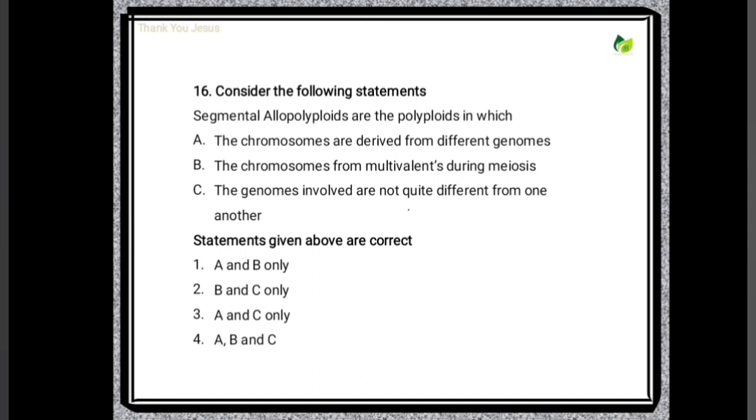The options given are A and B only, B and C only, A and C only, A, B, C. The correct option is A and C are the correct statements. Why? Because here the segmental alloploidy is an intermediate point between autopolyploids and allopolyploids.